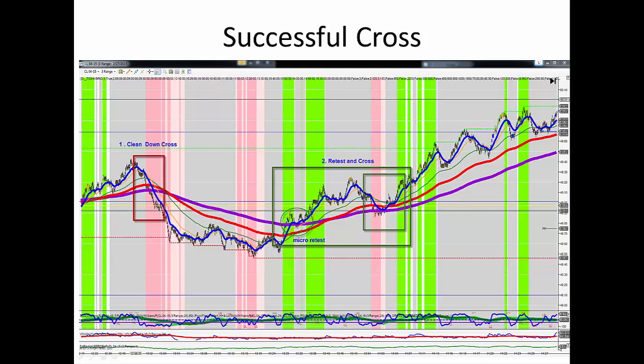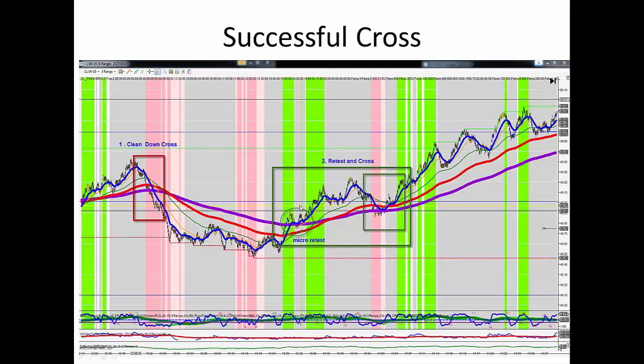The second technical event to be discussed is this number 2. This is a big cross and retest technical event.